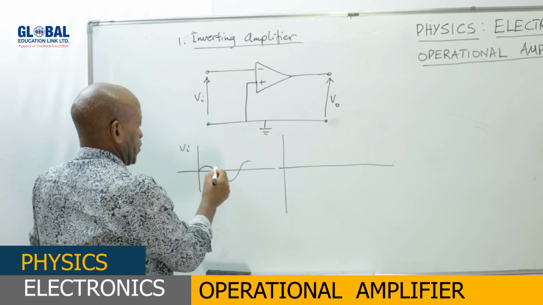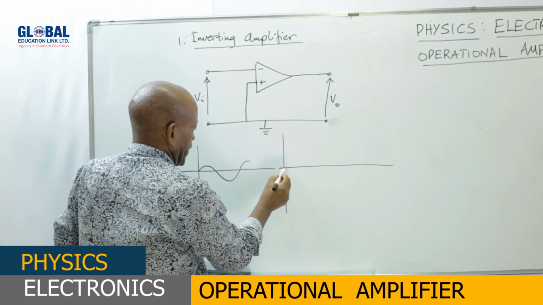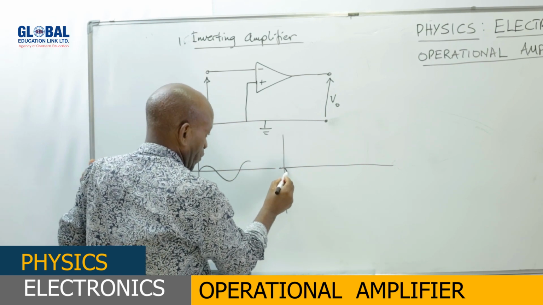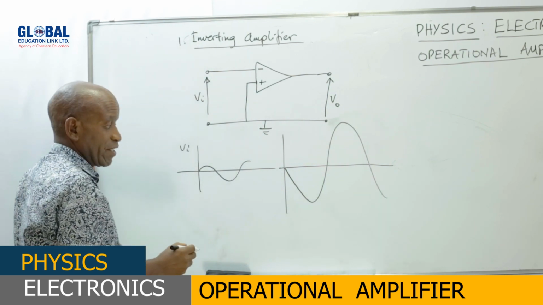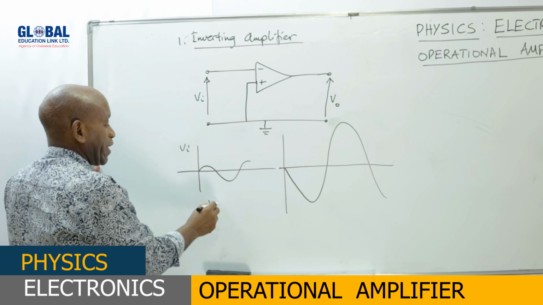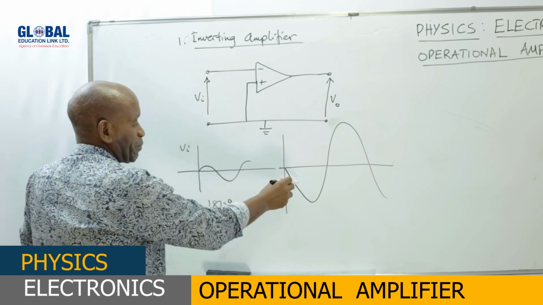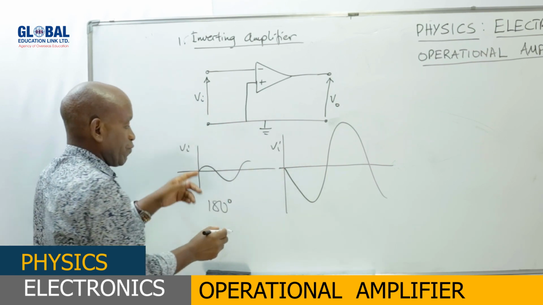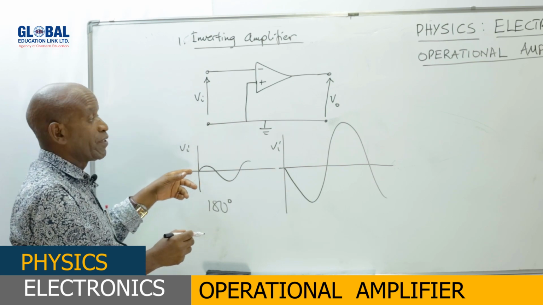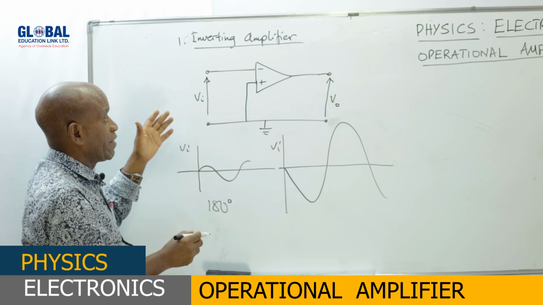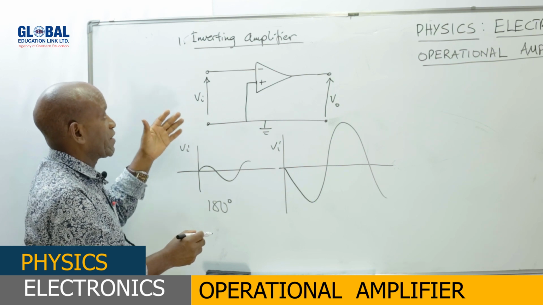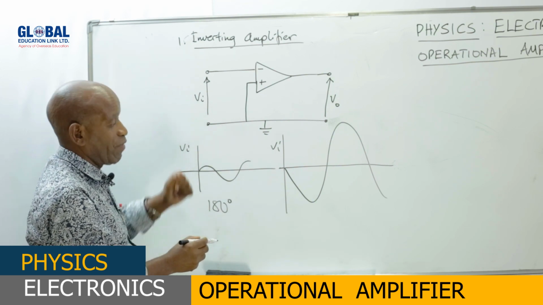And here you can see it's moving like this. But an inverted signal, which is amplified, will move in the opposite direction. So the output signal is completely 180 degrees out of phase with respect to the input signal. That is when the operational amplifier acts as an inverting amplifier.